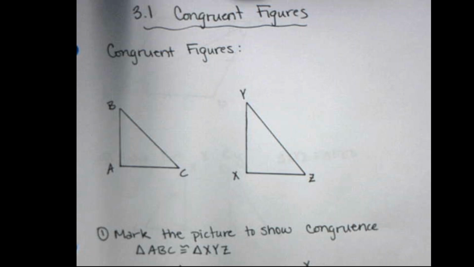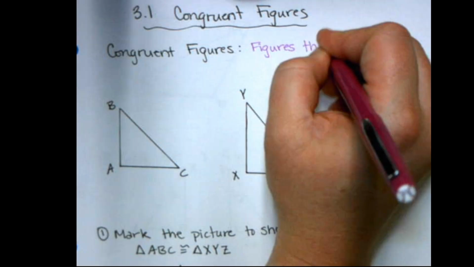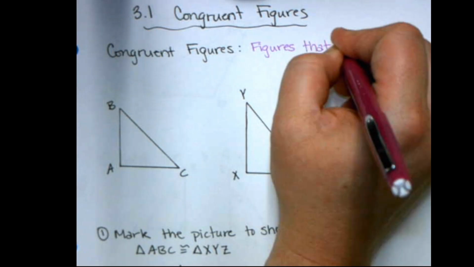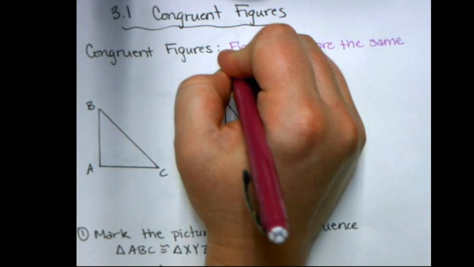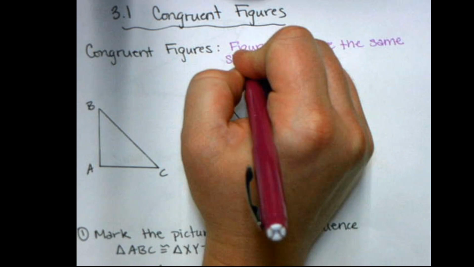So to start off, what are congruent figures? Congruent figures are figures that are the same shape and size. Same shape and size.